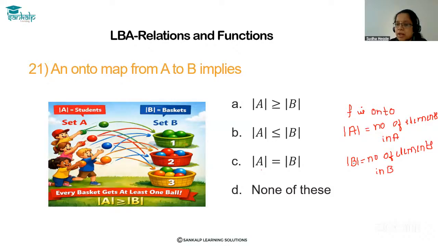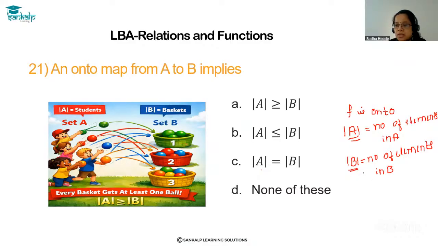Number of elements, we call it cardinal number, or cardinality. Cardinality of B, mod B. Cardinality of A, mod A. So onto means all the elements of B must have pre-image.